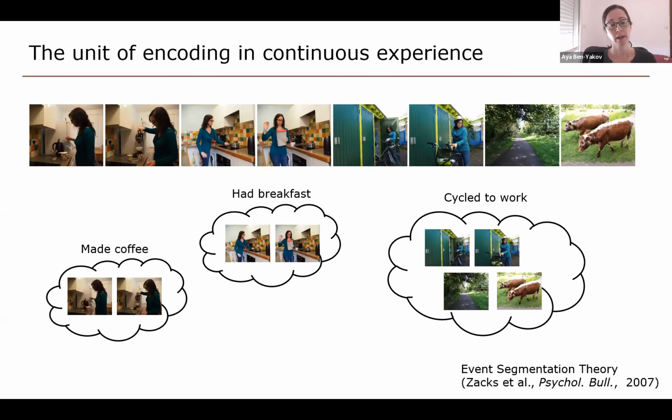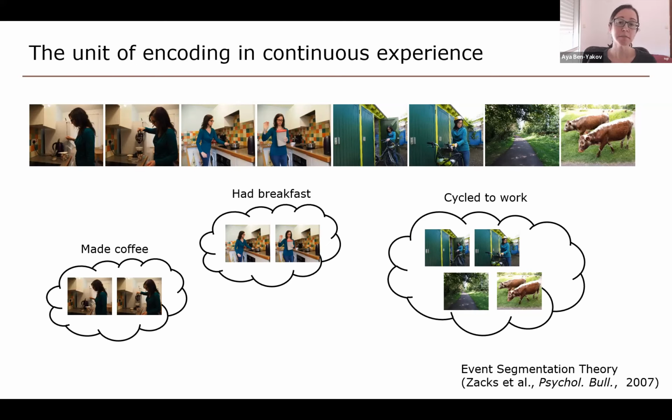So I'll remember I made coffee, then I had breakfast, and then I cycled to work, saying hello to some cows along the way. And then the question arises, when we're encoding this experience, are we encoding every moment in time as we experience it? Or are we encoding these chunks to begin with, these events that then appear in long-term memory?